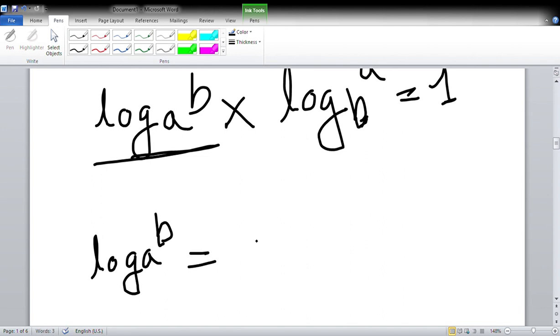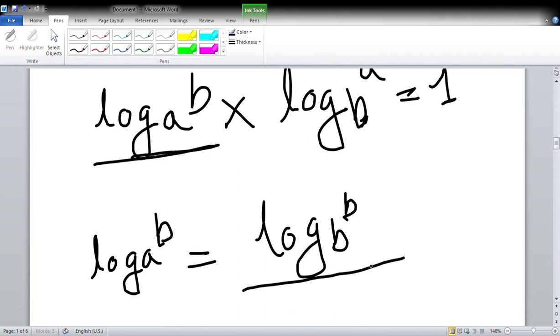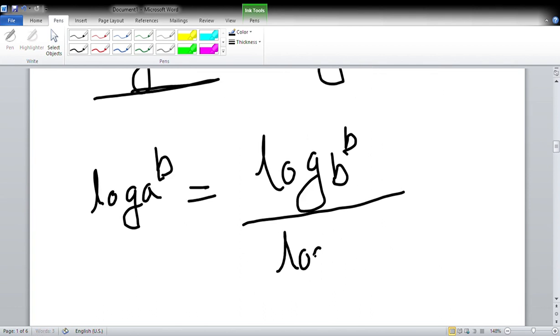So first simply you can write log b, because you are changing the base from a to b, the base is b, the number is the same, b, divided by log, the base will be the same, b, and the previous base will be the number of this log. So log a with the base b.